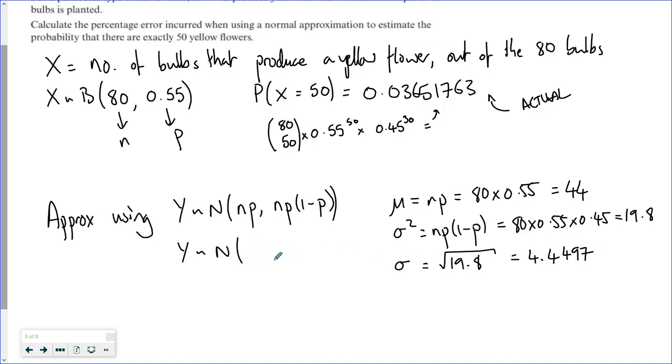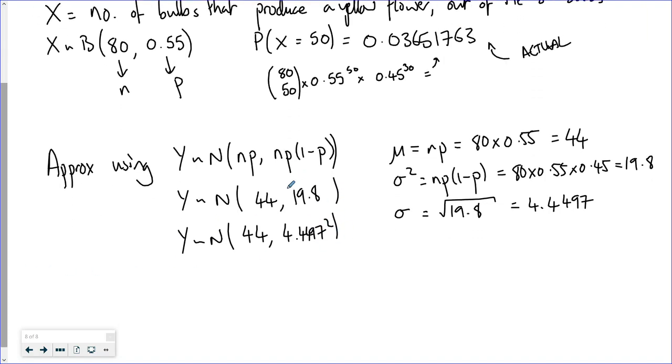So here we write as our parameters the mean, which is 44, and the variance, which is 19.8. Another way of writing this, which you'll see in the textbook solutions a lot, is as the standard deviation squared. So you could have written that as 4.4497 squared. Either way is fine because they're the same, as long as you write the variance as the second parameter.